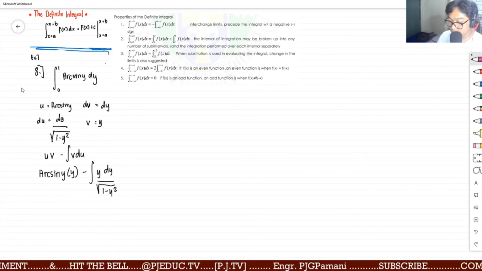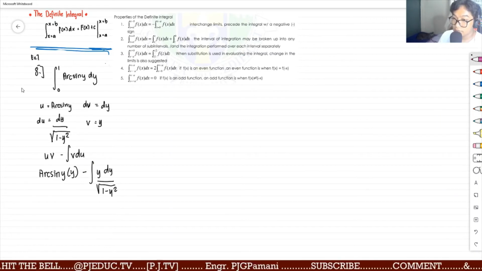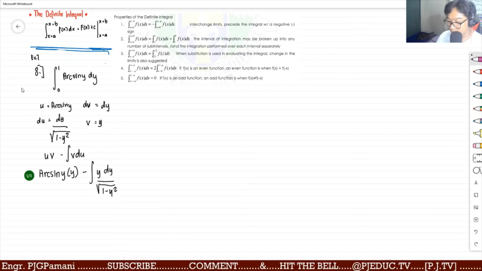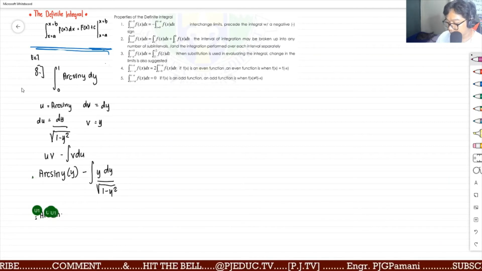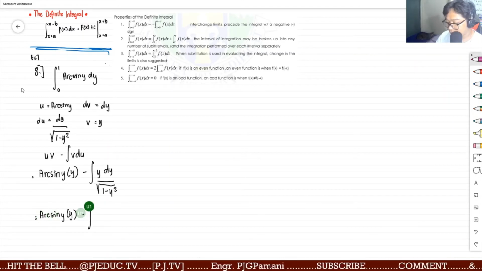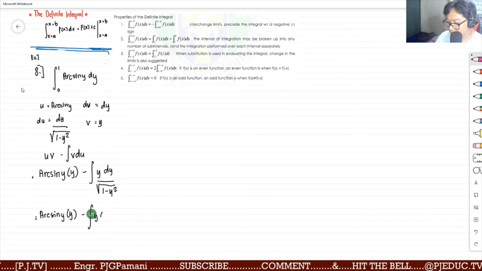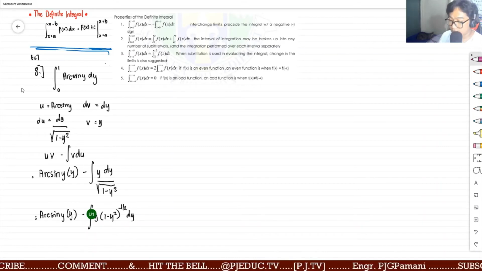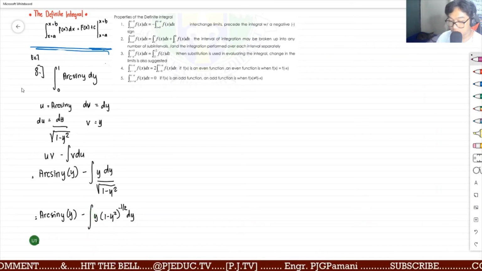Right? So next, let's simplify: arc sine y times y minus the integral of y times (1 minus y squared) raised to negative 1/2. I'll just take the reciprocal; you can handle that.